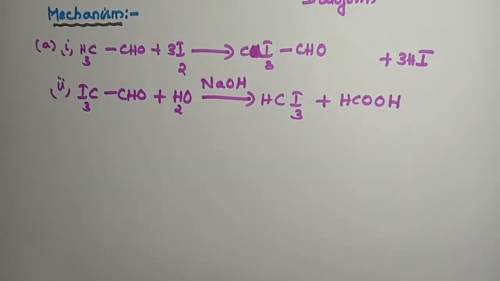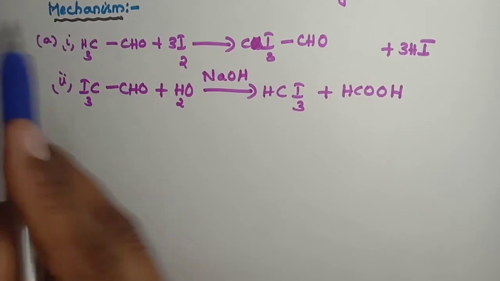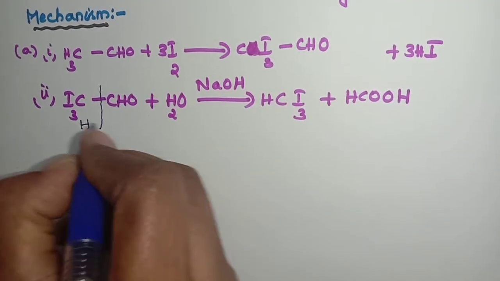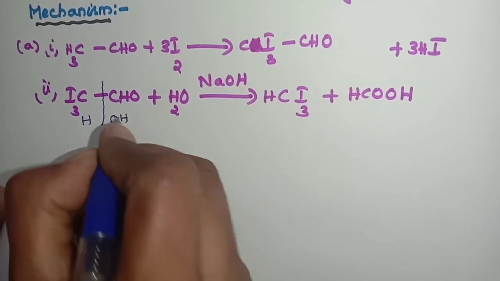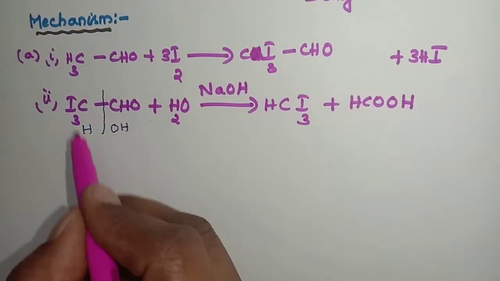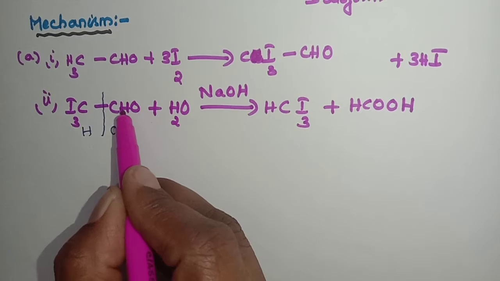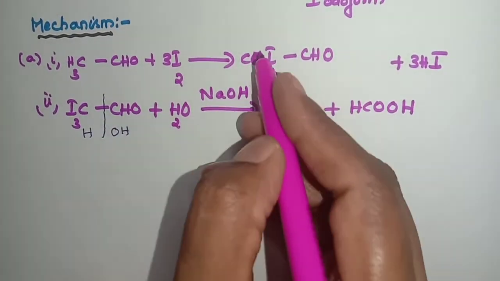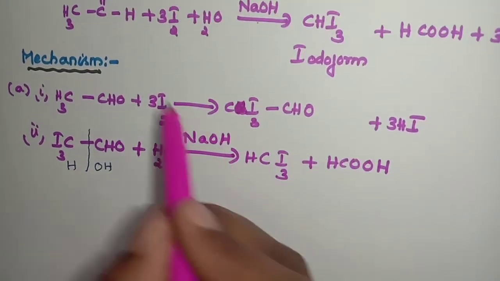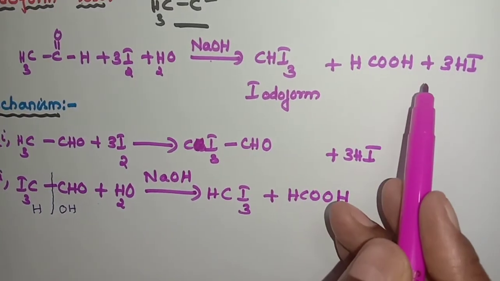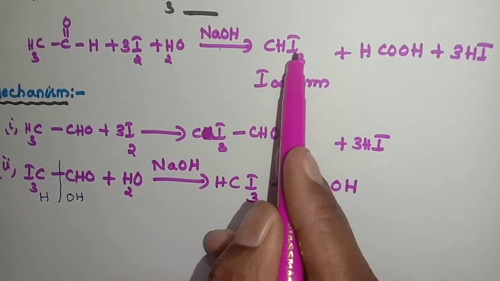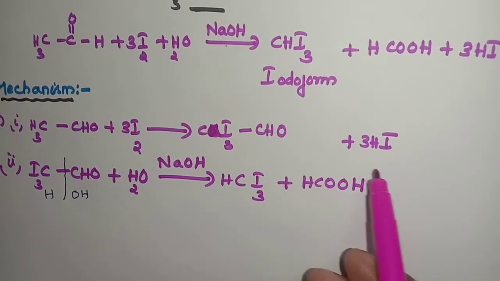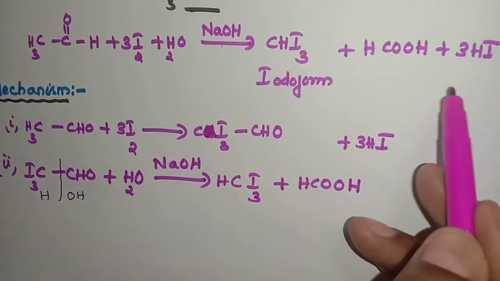How the hydrolysis takes place is, here the bond breaks up and here comes H, here comes OH, giving us CHI3 plus HCOOH. This is the byproduct. If you combine these two steps, we can write the complete reaction like this: CHI3 is the iodoform forming in the second step, HCOOH and 3HI forming as byproducts.